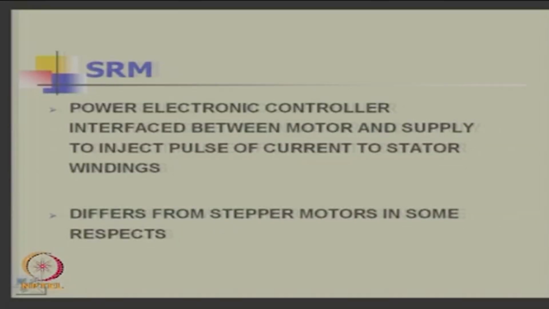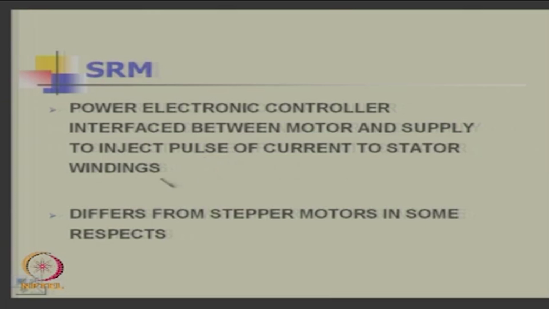Then the power electronic controller has to be interfaced. You need a power electronic controller to switch the DC supply to each of the windings, as an interface between motor and supply to inject pulses of current into the stator windings.